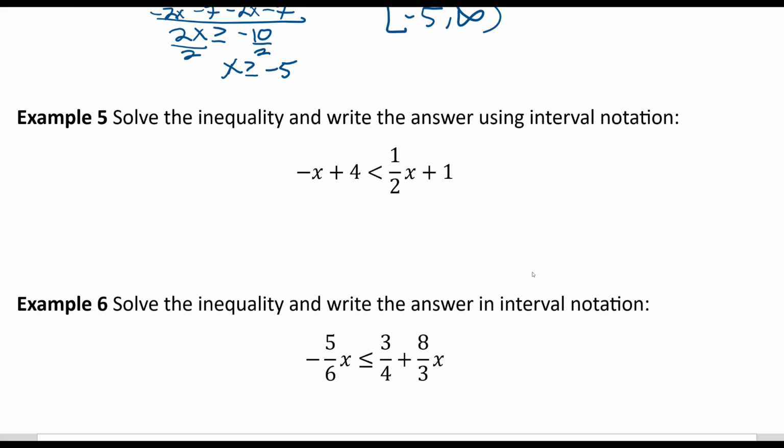Next one, we got some fun-filled fractions. So solve the inequality and write the answer using interval notation. Okay, well, I guess I'll subtract that 1/2 x, and I'll subtract the 4, so I'm putting the variable on the left side and the constants on the right side. So I have negative 3/2 x, and you're asking how did I get that?